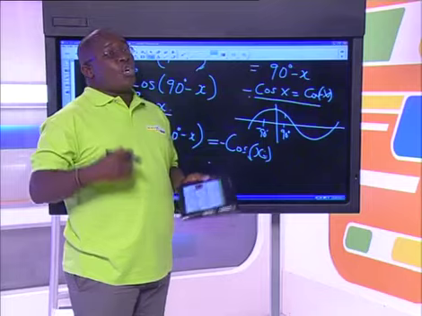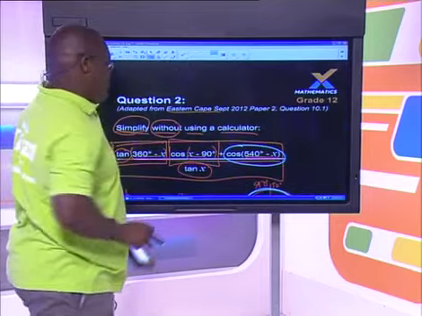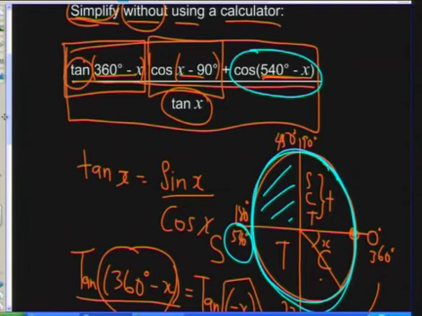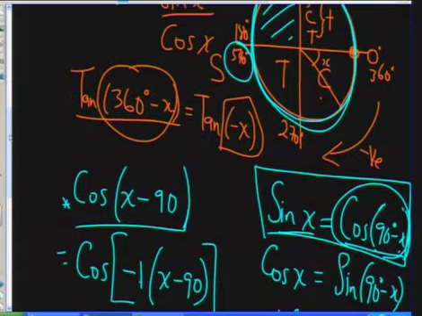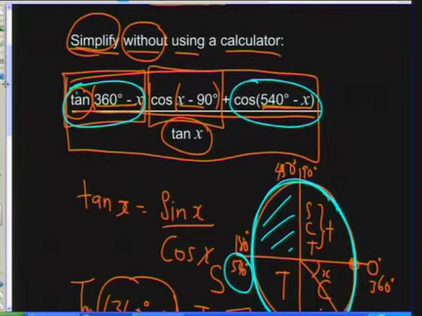We can now go back to our problem and rewrite it. I'm just going to put it on the side here. Remember, tan 360 minus x, we got tan minus x. So this is equal to tan minus x, multiplied by cos of x minus 90.